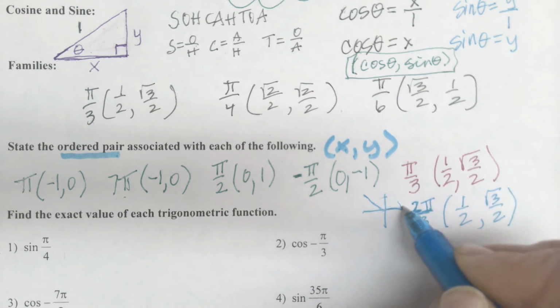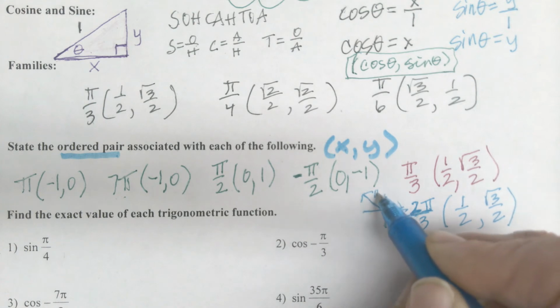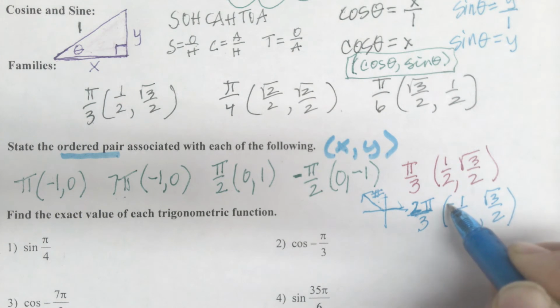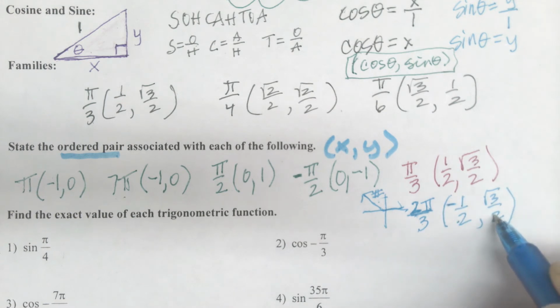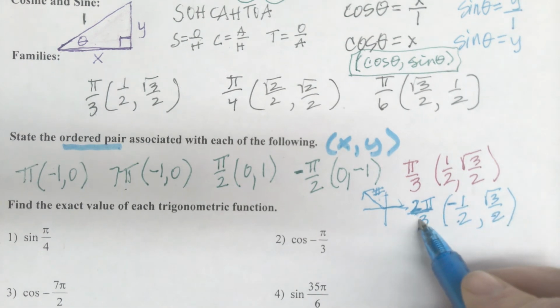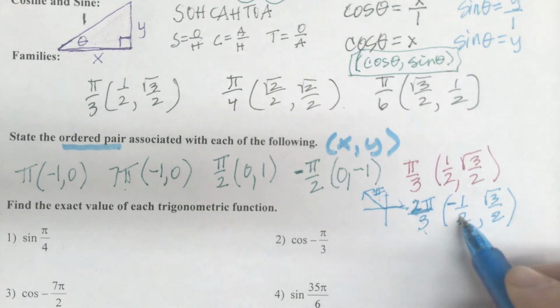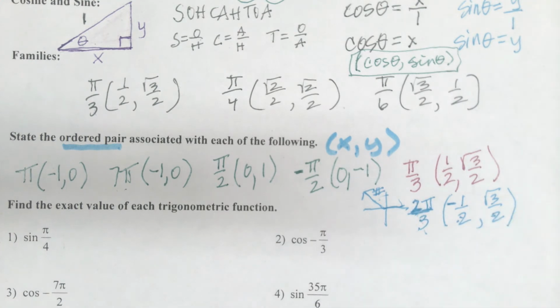That puts me in the second quadrant. Second quadrant is negative, positive points. That means this is a negative, positive value. So the ordered pair associated with 2 pi over 3 is negative 1/2, square root of 3 over 2.